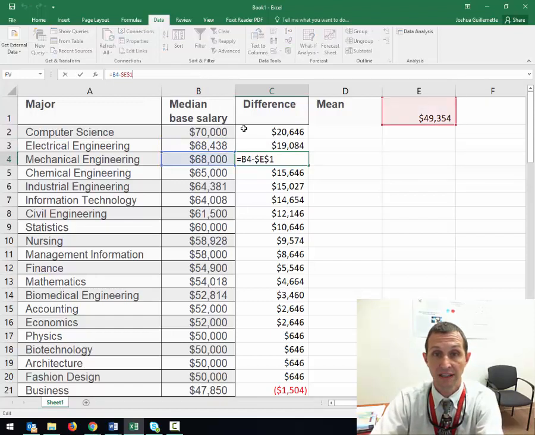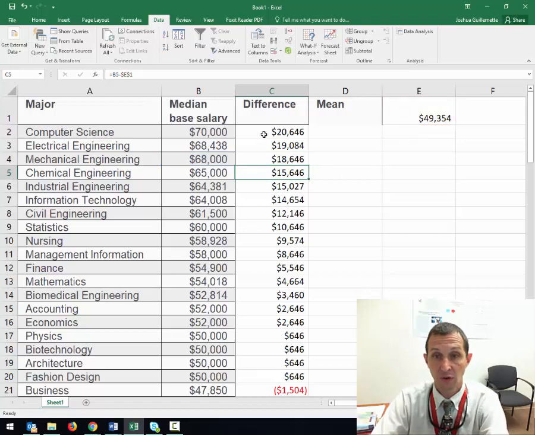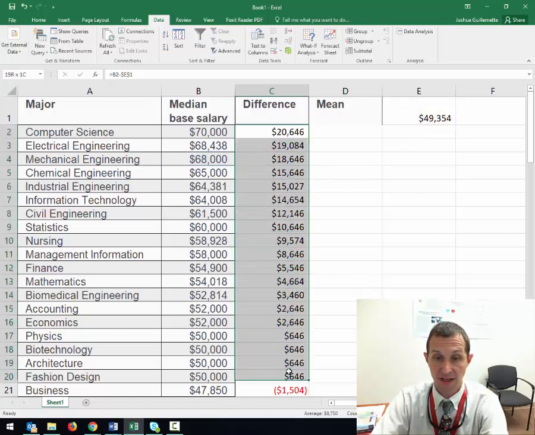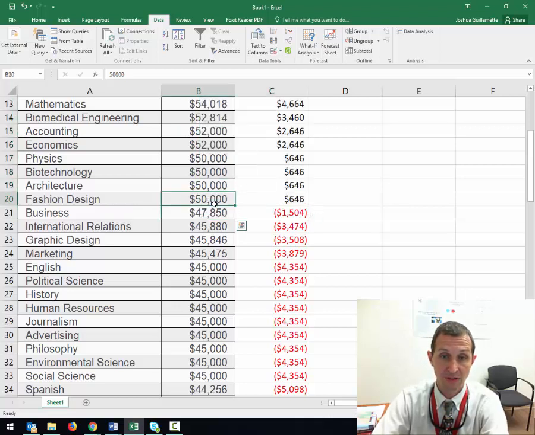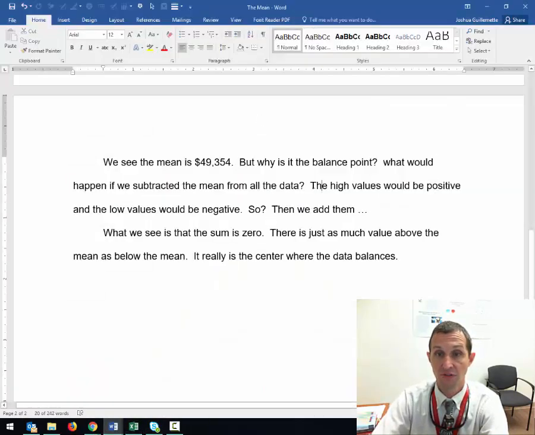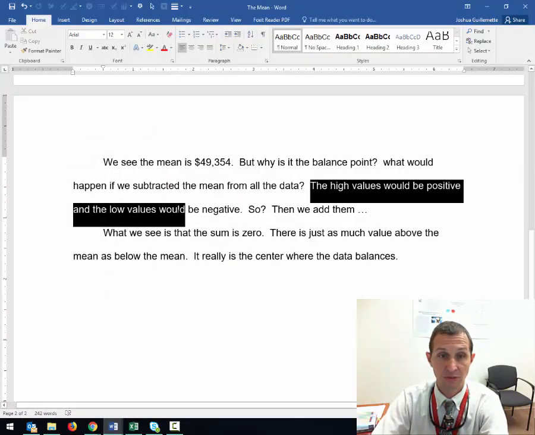And so what's happening is the difference is going down, down, down, down until we hit this point right here. This point halfway in between the $49,354. So the high values would be positive and the low values would be negative.